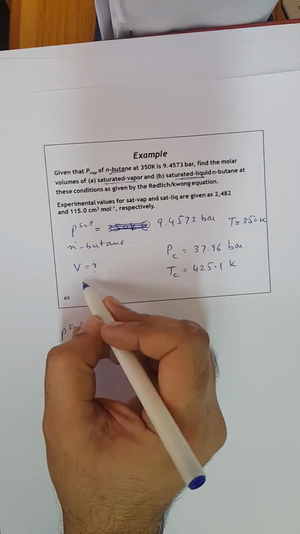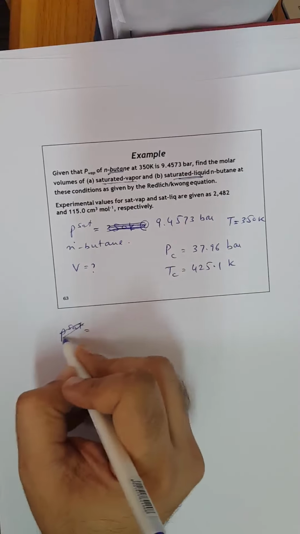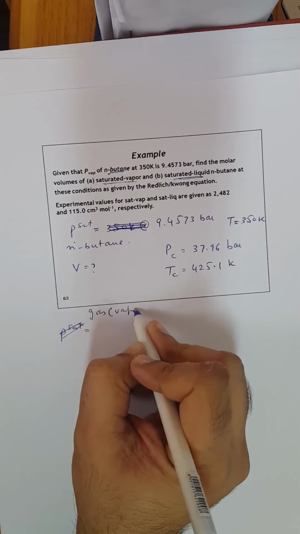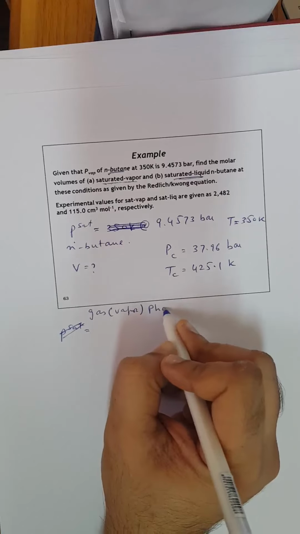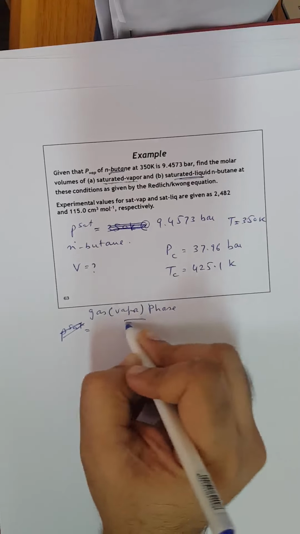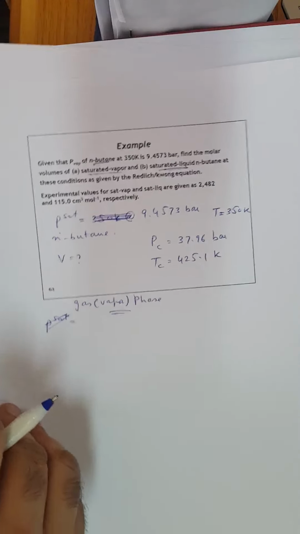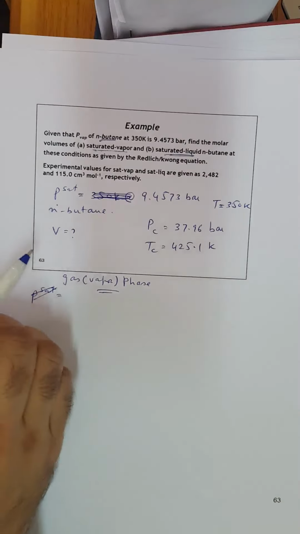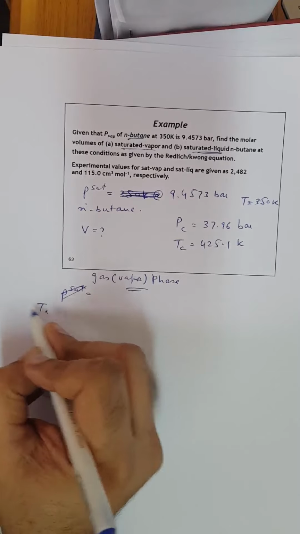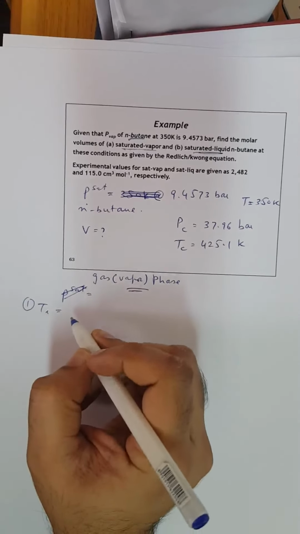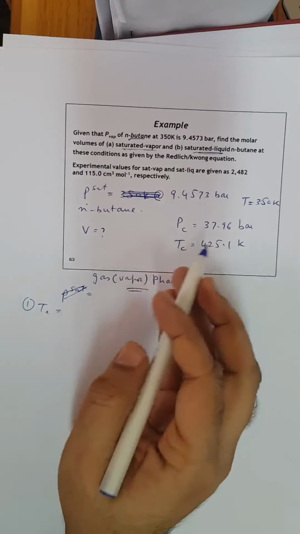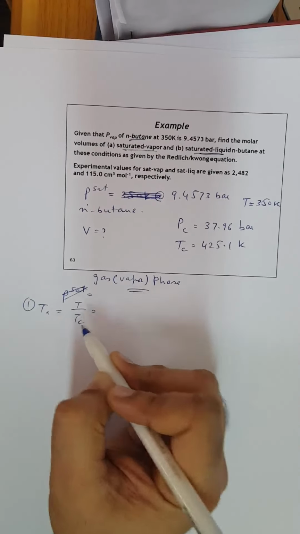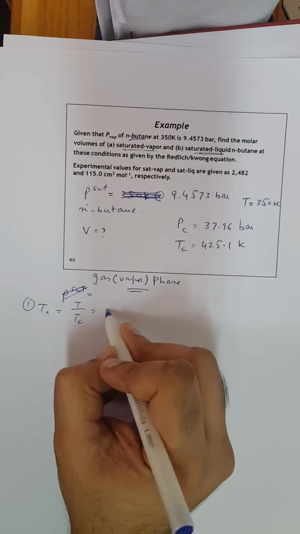So what we need to do, let's say for the gas phase, the vapor phase: the first step is to find TR. The TR value comes out to be 350 divided by TC, which gives 0.823.